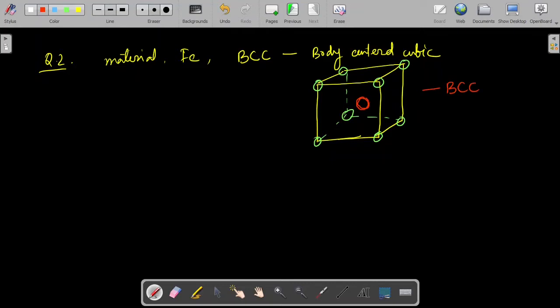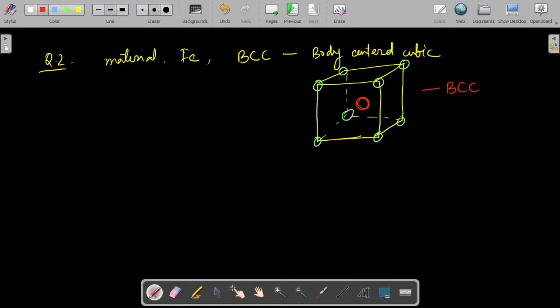Now, one thing I think you should be very clear about is that whenever you draw a crystal and put atoms at different positions, they don't stay in this way.